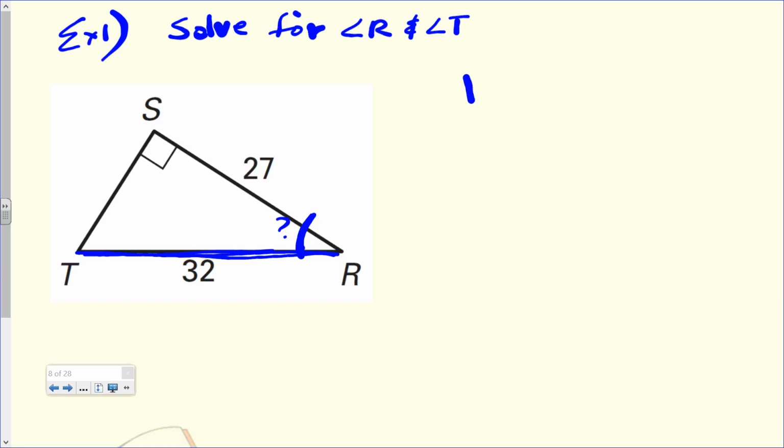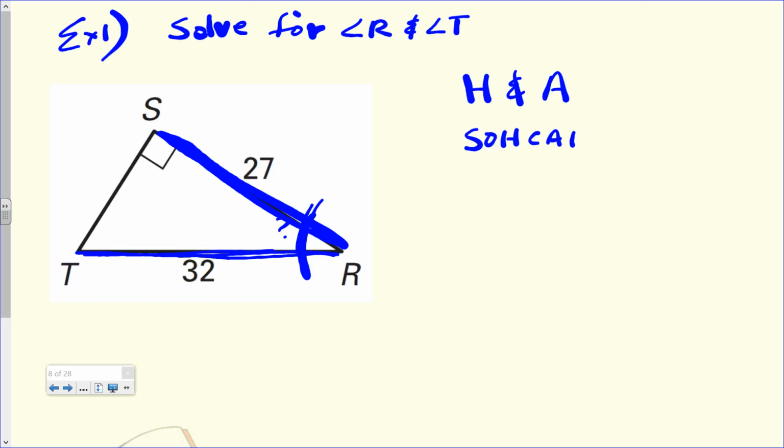And this side in relation to R is the adjacent. So adjacent and hypotenuse, I'm thinking of SOHCAHTOA, what ratio has adjacent and hypotenuse in it, and I can see just by writing it out, it was a cosine.